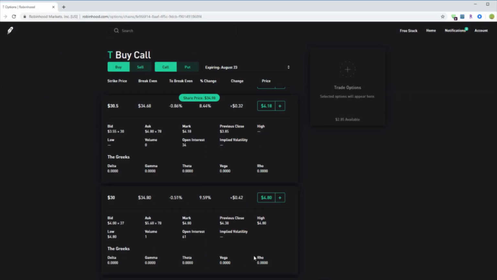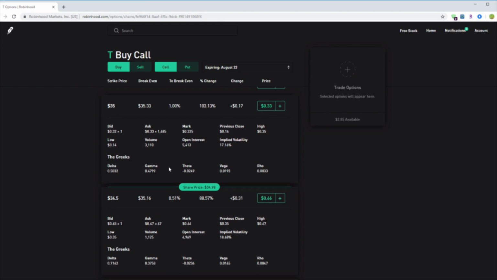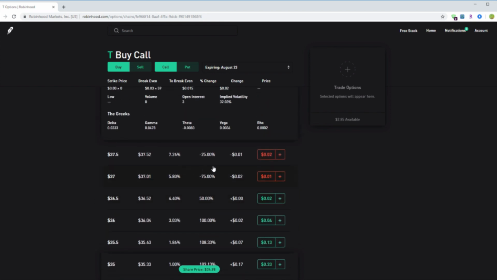So one thing to note is that because time erosion is not linear, theta of the at the money options and the just slightly out of the money options generally increase as the expiration approaches. So the further out an option is out of the money, as it gets closer to expiration each day, the theta will go up because essentially it's going to be expiring worthless unless it makes a big move.